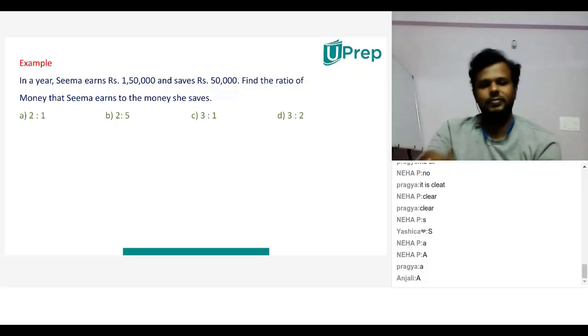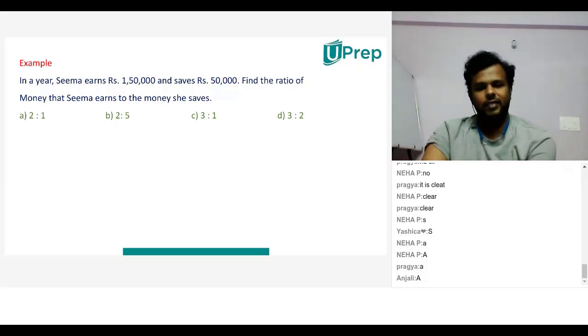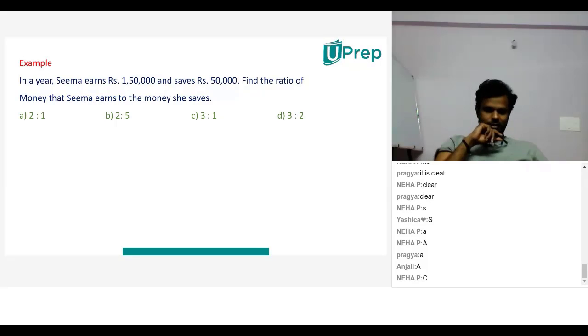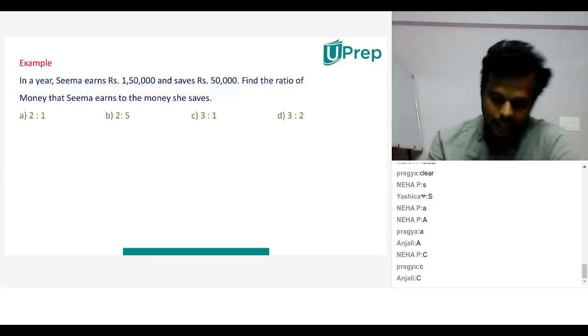Moving on. Okay, this is interesting. Seema earns 1,50,000 a year and saves 50,000. Find the ratio of money that Seema earns to the money she saves. Okay, Neha says C. Let us wait for others. So find the ratio that Seema earns to the money she saves.